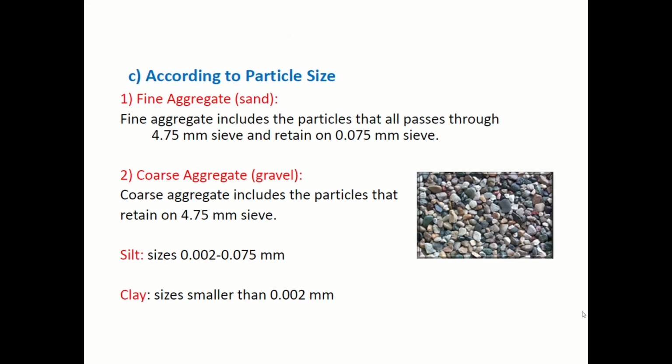Coarse aggregate, which is gravel, refers to particles that are retained on the 4.75 millimeter sieve. The silt size and clay size depend on the standards that we are using.